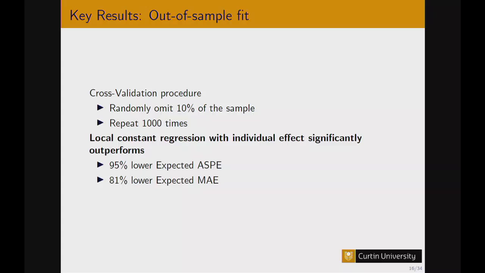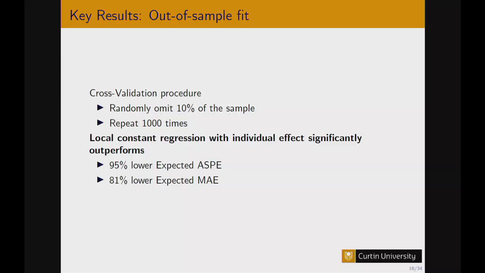So the cross-validation procedure I used here is to randomly omit 10% of the sample. I didn't choose to randomly omit health states, just randomly omit 10% of the possible observations here. I repeated that 1,000 times, and then again, our local constant regression did a lot better. So it significantly outperformed every other specification, 95% lower on the expected average squared prediction error.